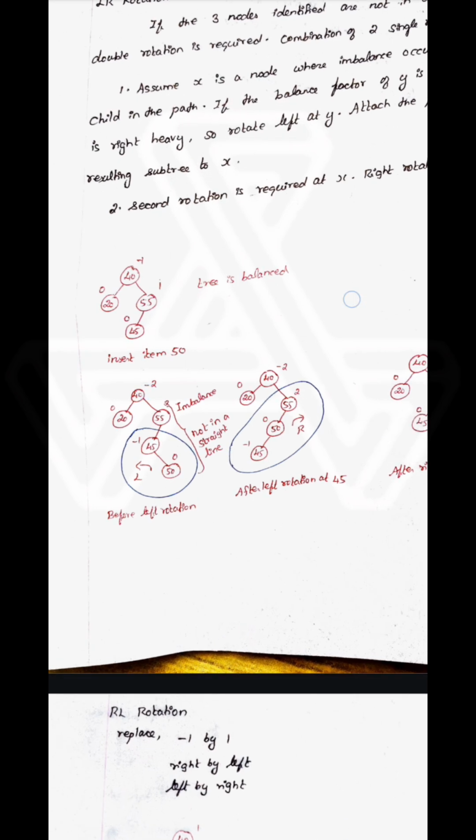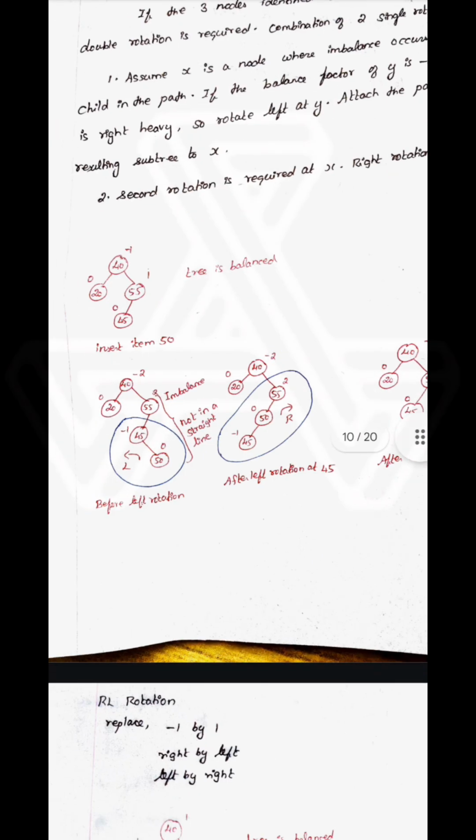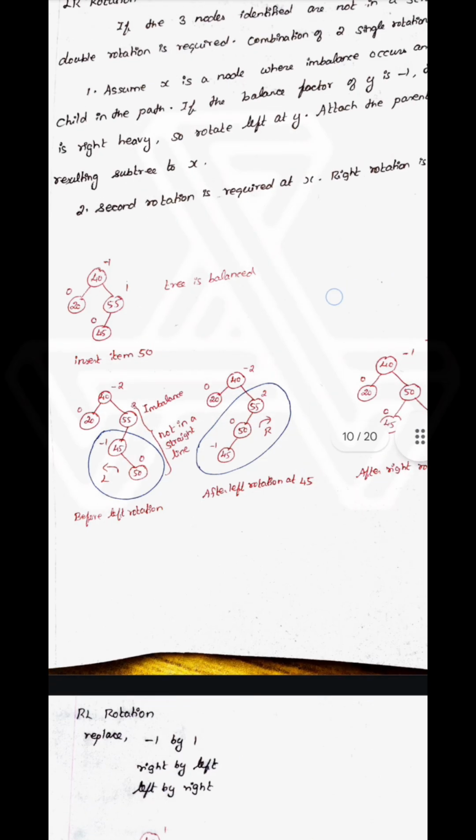Here first we should take left rotation. To insert an item 50, we have to insert it at the right side of 45. It is not in a straight line.